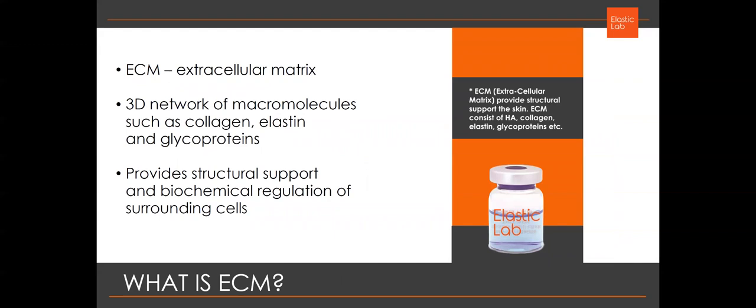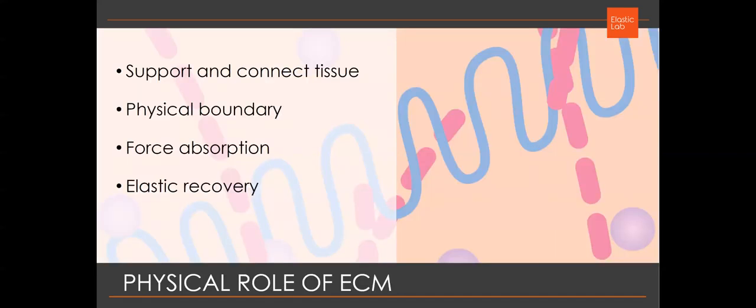ECM is an abbreviation for extracellular matrix. It's a 3D network of macromolecules such as collagen, elastin, and glycoproteins. It provides structural support and biochemical regulation of the surrounding cells. What is the role of the ECM?